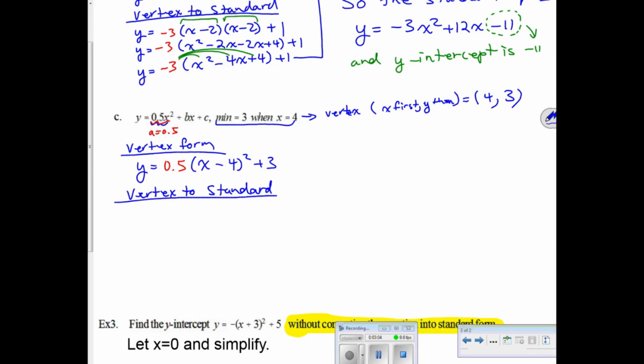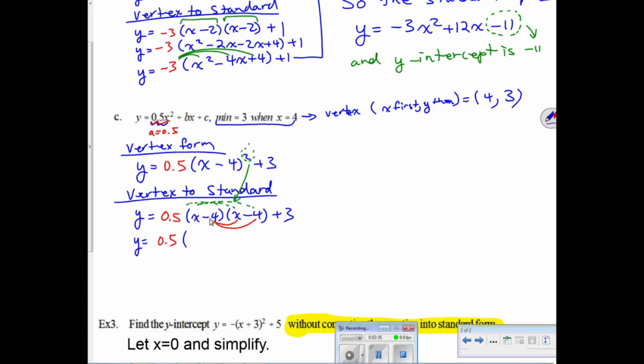So now, when we go and do our vertex to standard form, what you're going to do is you're just going to write out everything that needs to be done. So you got 0.5, x minus 4, x minus 4 plus 3. Now, why is that? The reason why that is because we have a squared on our x minus 4. So that means both of those have to be expanded, and then we have to do our distribution. Okay? So it's x times x minus 4, and then negative 4 times that.